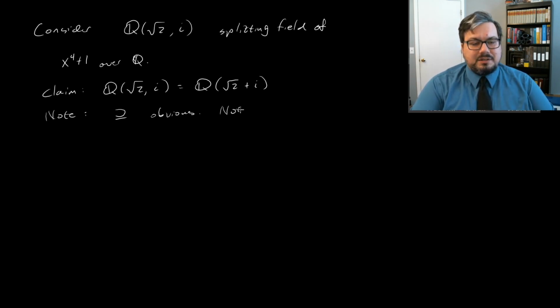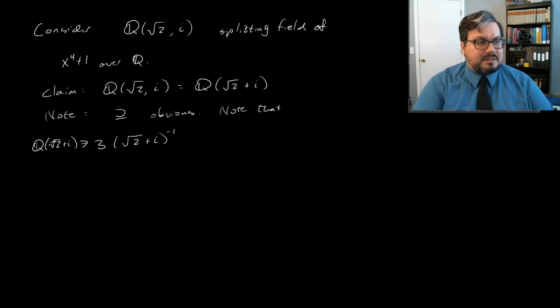Note that if we take 3 times the inverse of square root of 2 plus i, well, that certainly belongs to Q(square root of 2 plus i), because any field has to be closed under inverses and multiplication by elements of Q. So this gives us 3 over the square root of 2 plus i.